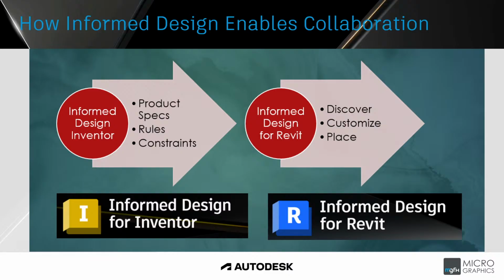It improves the efficiency and ensures that all the stakeholders or managers, or anyone that's involved in the shared project, are all working towards the same goals. By aligning product design with architectural requirements, Informed Design transforms collaboration into a smooth, integrated experience.